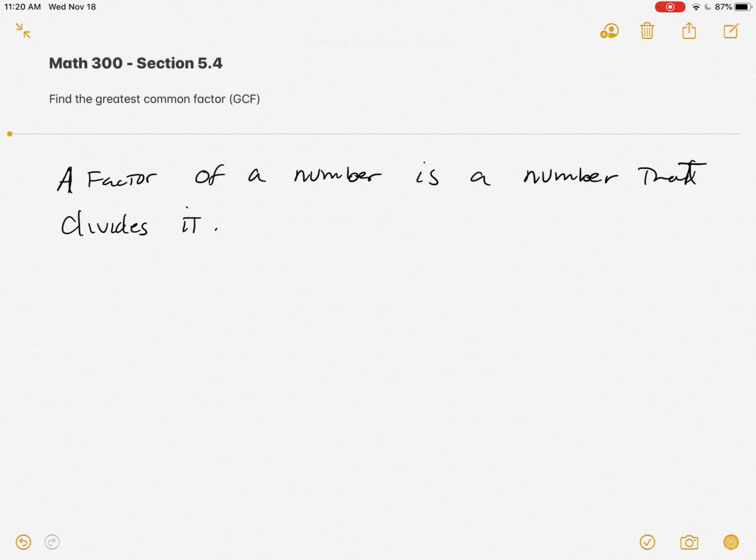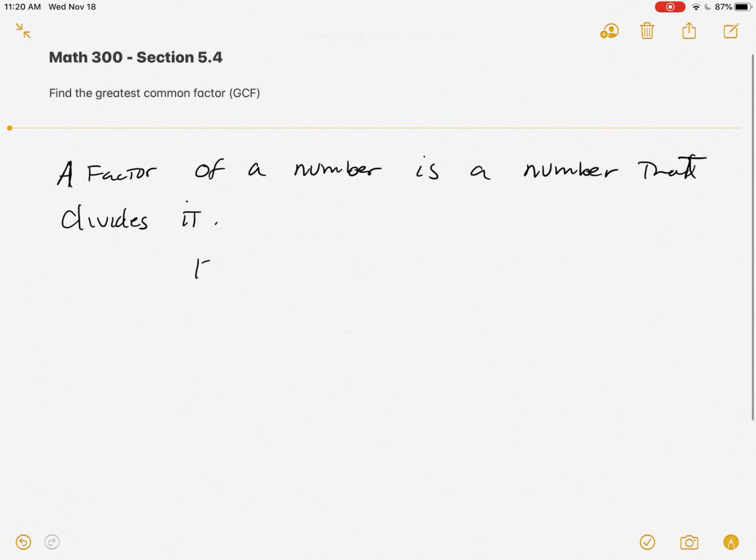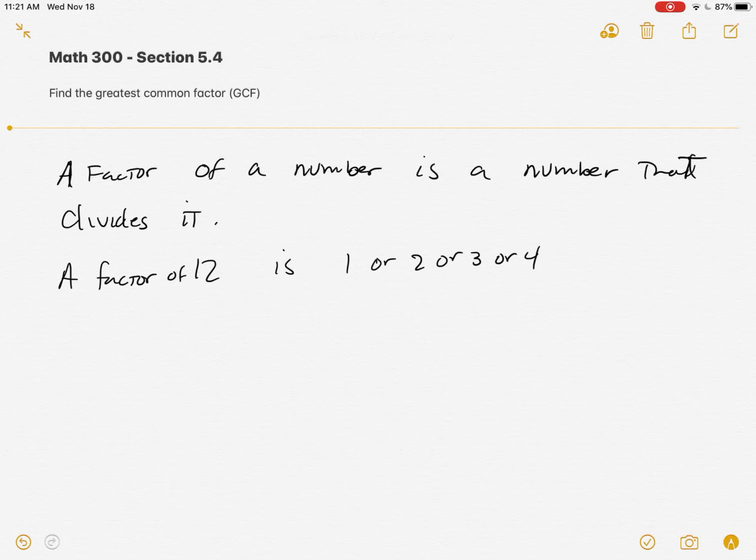Okay, so a factor of 12 is, and we've been naming them, 1, because 1 divides it, or 2, or 3, or 4, or 6, or 12, right? Those are all factors. So notice a factor is smaller than the target number.